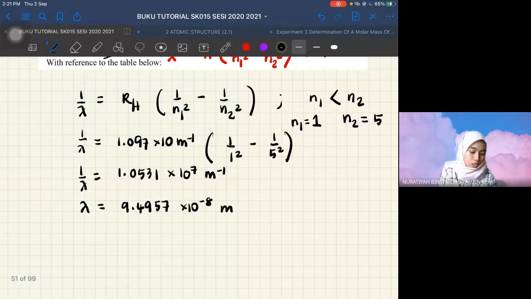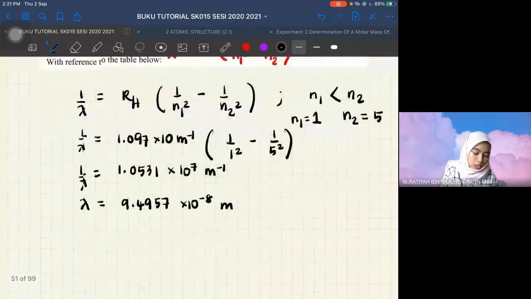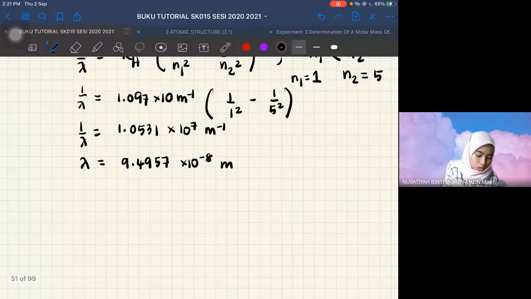The answer is wanted in nanometer. How do we change it into nanometer?